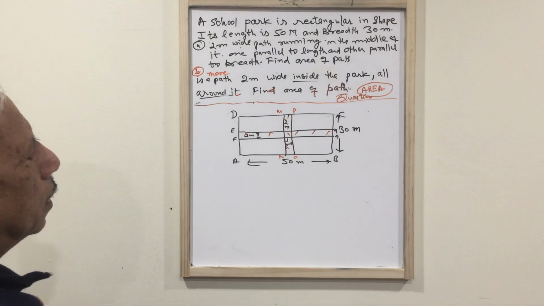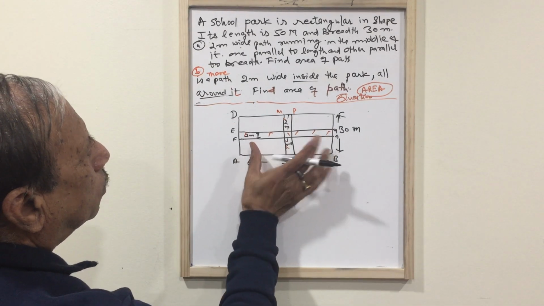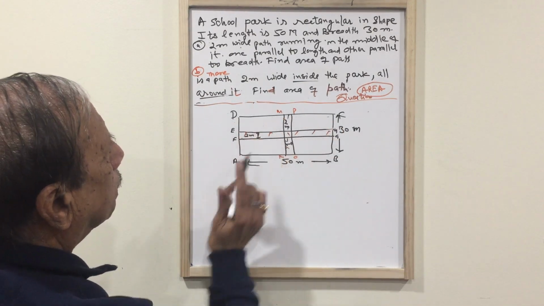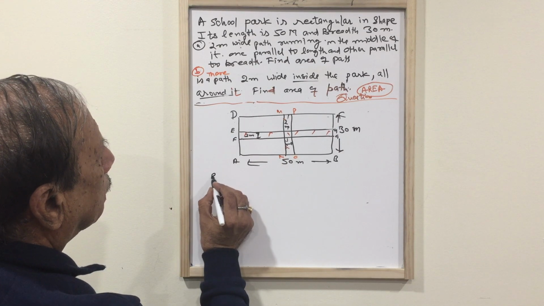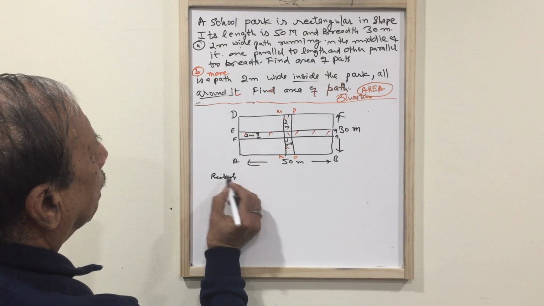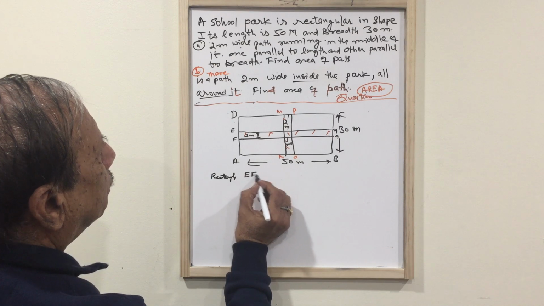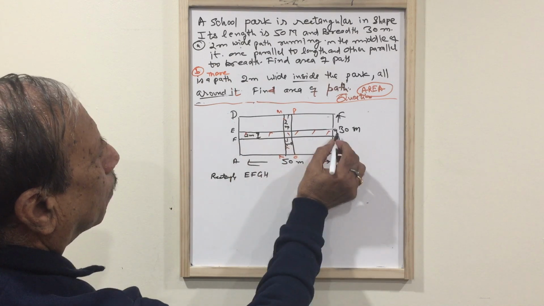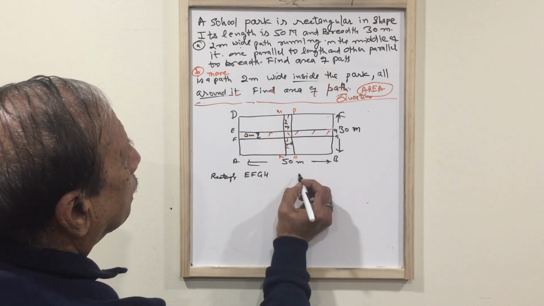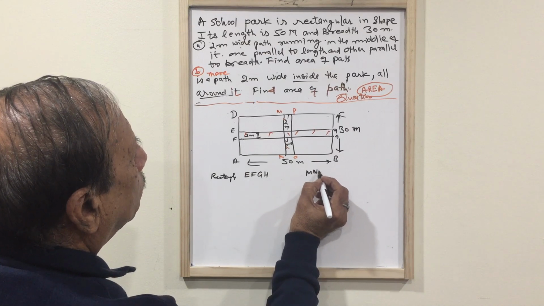So how to find it? We'll see these are two rectangles. One rectangle I have denoted as EFGH, and the other rectangle is MNOP.